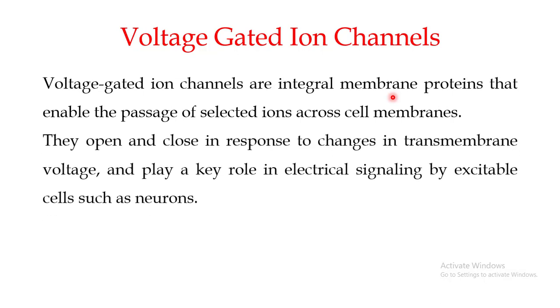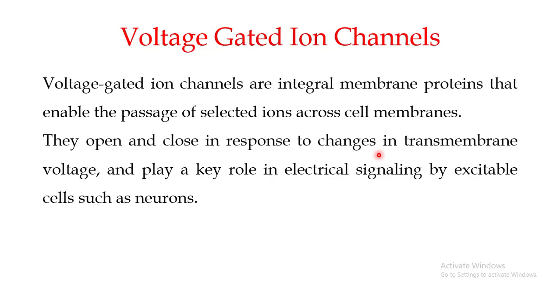Now, the most important thing to keep in mind about the voltage gated ion channels is that these channels open and close in response to changes in the transmembrane voltage, which is very much different from the ligand gated ion channels. In the ligand gated ion channels, a ligand like a neurotransmitter binds to the ion channel, and because of the binding of that ligand, the ion channel is going to open.